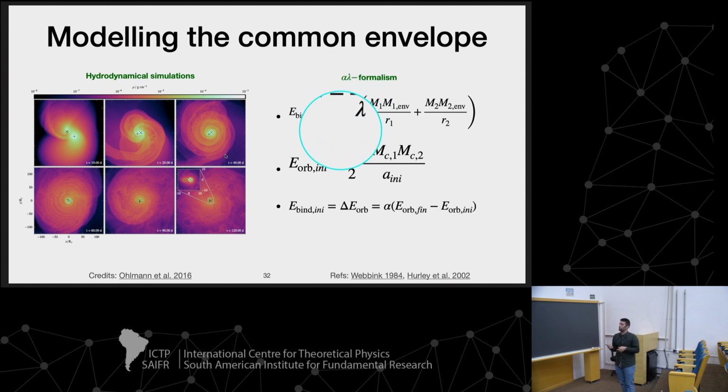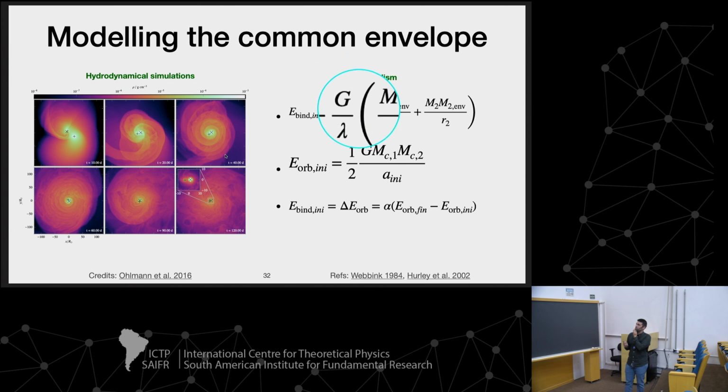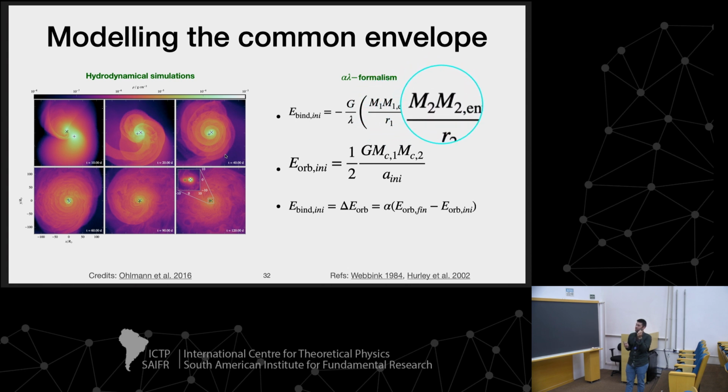This is the operation that you're doing. The binding energy between the core of the massive star and the envelope of the first star, and the core of the second star and the envelope of the second star. So you do that.